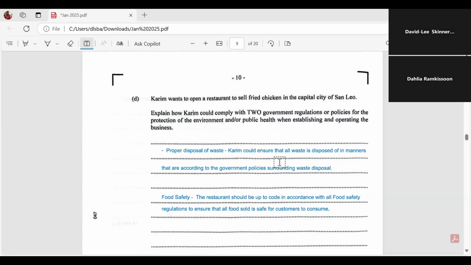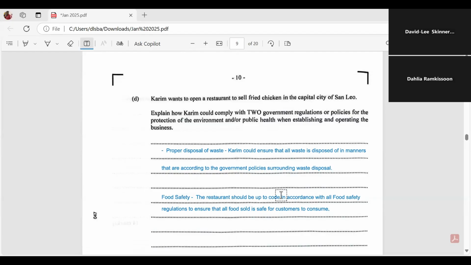In accordance to all the food safety regulations. He also has to make sure that when he's disposing his waste, he does it in a manner that is in accordance to again, all the government regulations and policies. Right? So one of them I gave is one that was for the environment, the proper disposal of waste, and the other one was for public health.